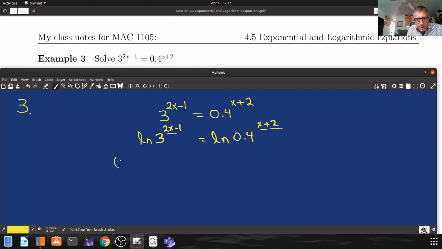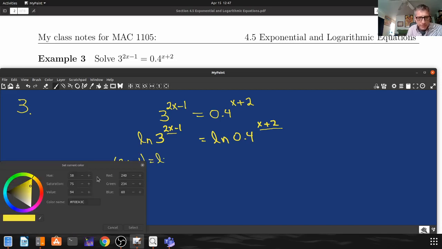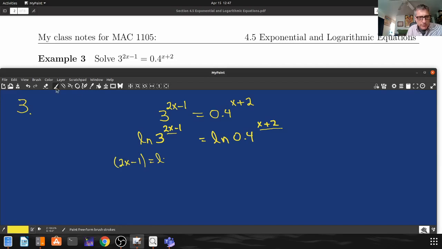So that implies 2x minus 1 times the natural log of 3 is equal to the natural log of 0.4 times x plus 2.